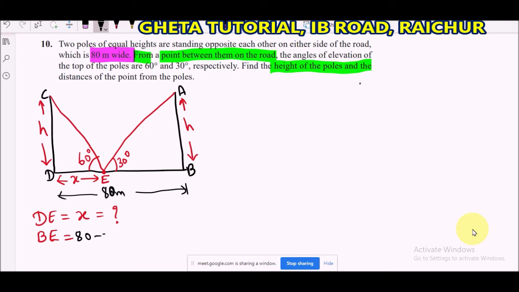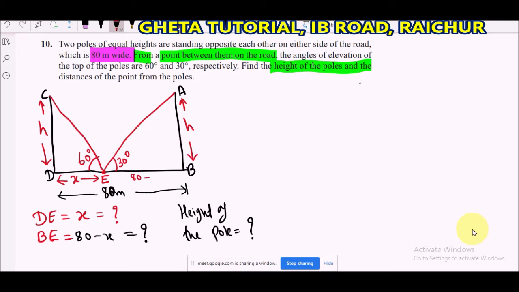BE is equal to 80 minus x. So this is also a question mark, and the height of the pole is also a question mark. Now let us start with the problem.